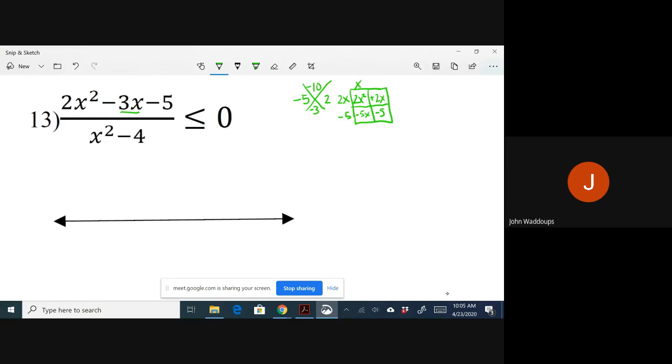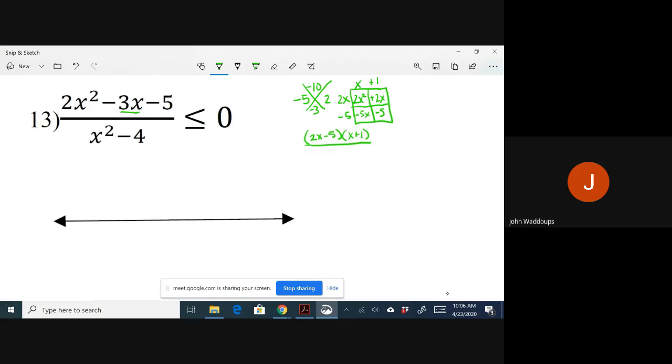Negative 5 times 1: 2x times 1 would be 2x, and 1 times negative 5 would be negative 5. So our two factors on the top, the first one would be 2x minus 5, and the second would be x plus 1.